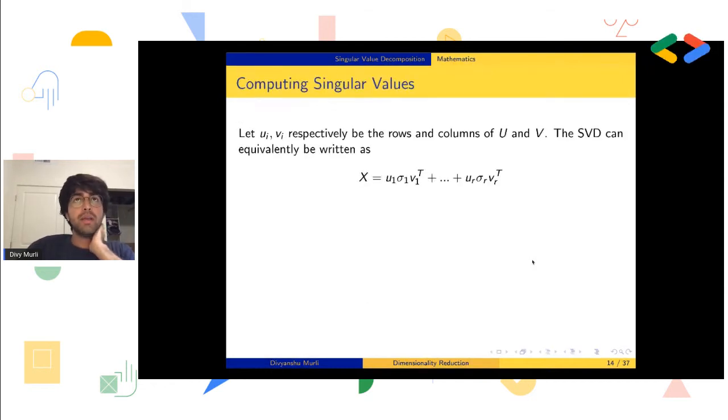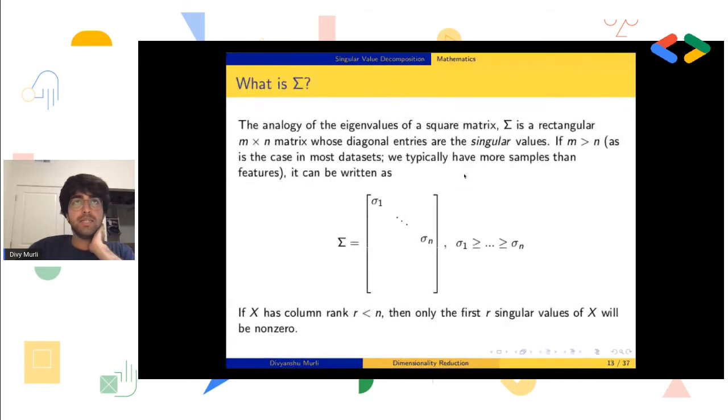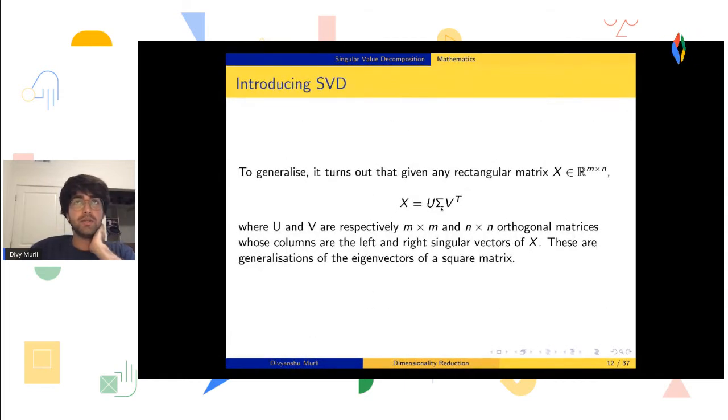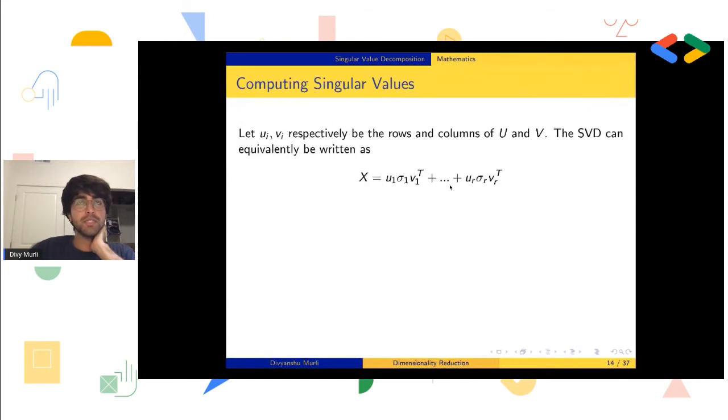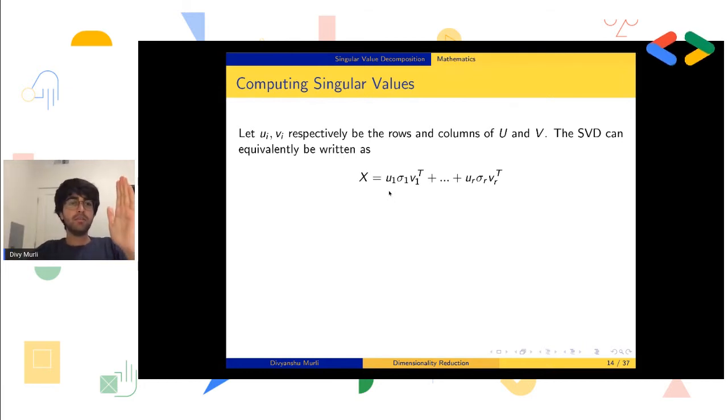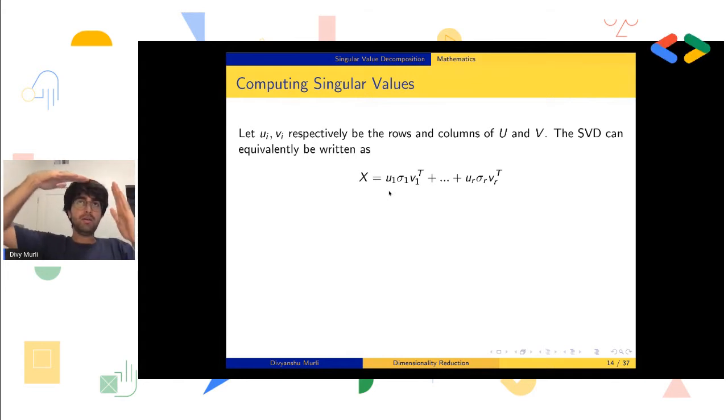Okay, so another way to write this SVD: we wrote it in matrix notation as U, capital sigma, V transpose. Now, we can also write it in a more explicit way in terms of the actual columns. The u_i and v_i are respectively the columns of capital U and capital V. And so we can write it as a sum where we take a column and a row, multiply column by row, and add all of those together.